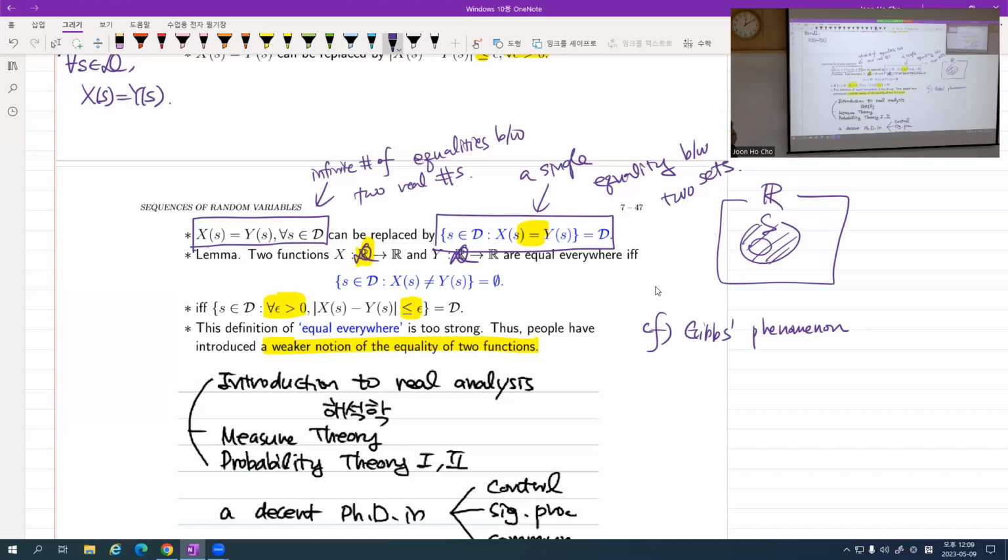But as I already told you, this everywhere equal definition is too strong. As I told you, when we were taking signals and systems, we considered a discontinuous function, the so-called rectangular wave, or square wave. And we represented that square wave using a Fourier series.